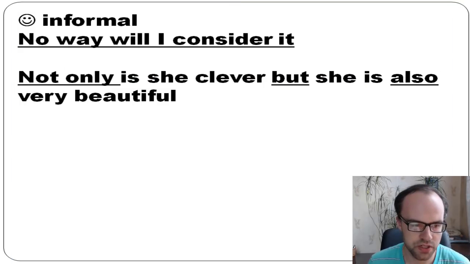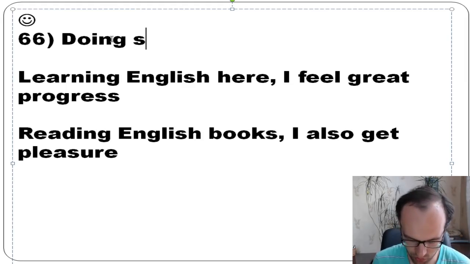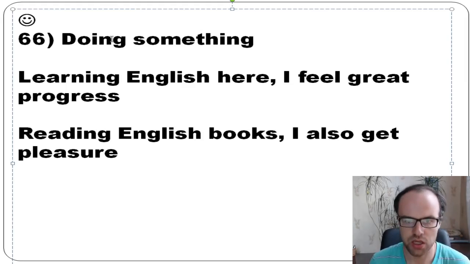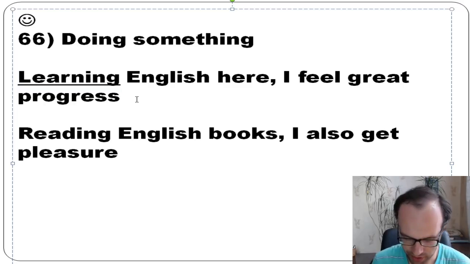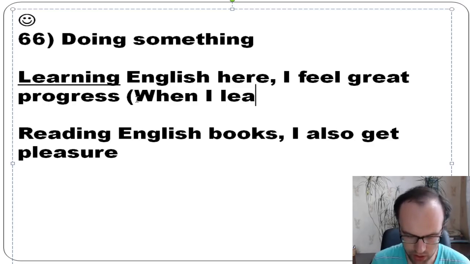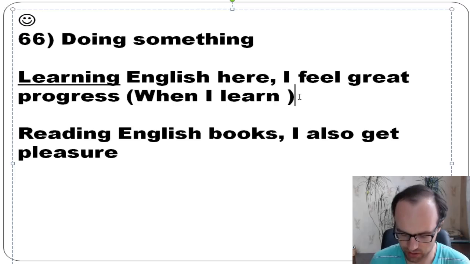Okay, so the next very important thing is doing something. So what does it mean, doing something? Okay, so learning English here, I feel great progress. It means, so when I learn English here, I feel great progress. Okay, so it's in process.